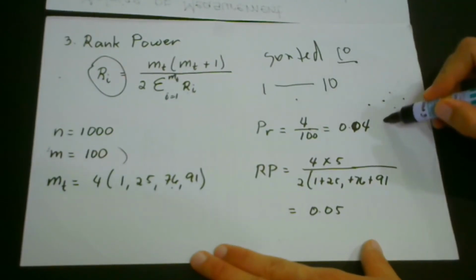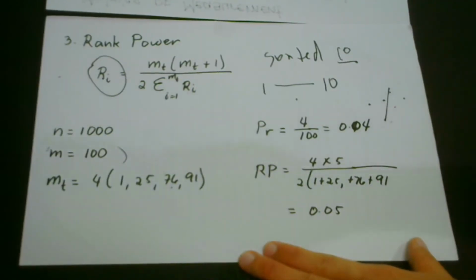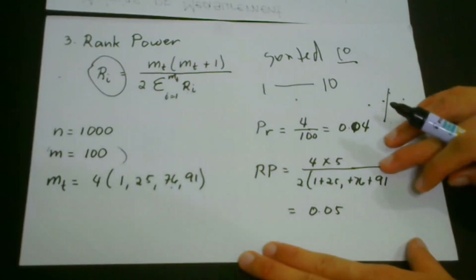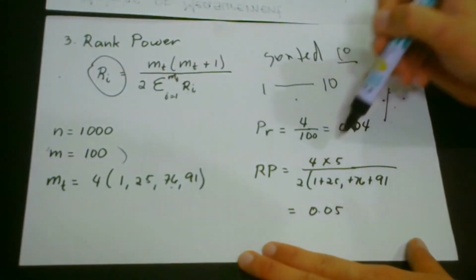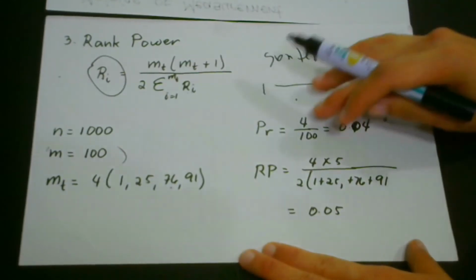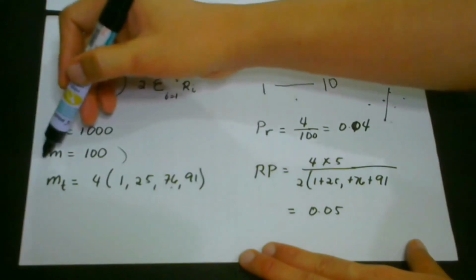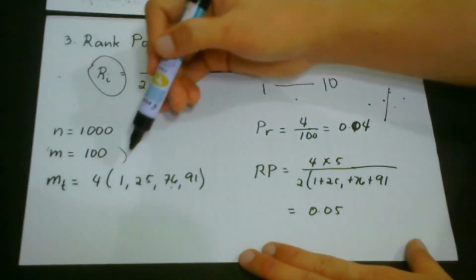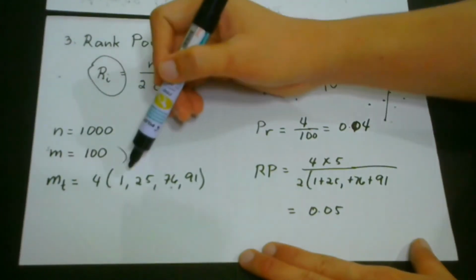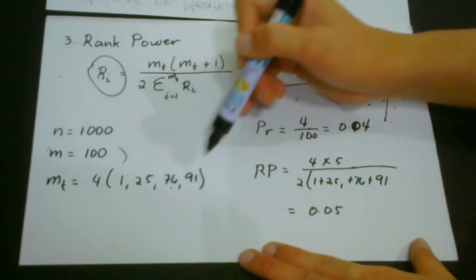This is not enough because we have to get the RP then. What's the RP? Very easy. We are just going to plug in our values. We have 4, and 4 plus 1 is 5, so 4 times 5. We have already identified the ranks of the suspicious data points, and the true outliers are rank 1, rank 25, rank 76, and rank 91.